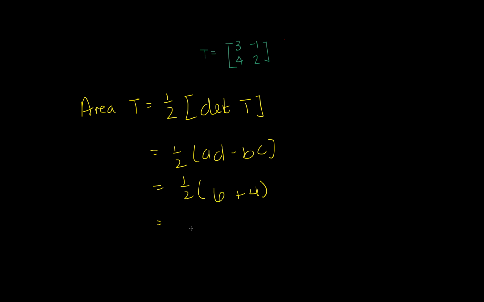Then 6 plus 4 is 10, so 1/2 of 10, which is the area, is 5. So the area of the triangle is 5 square units. We don't know the units, so all we know is that my triangle is 5 square units.